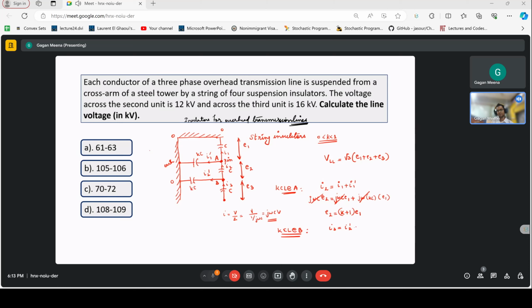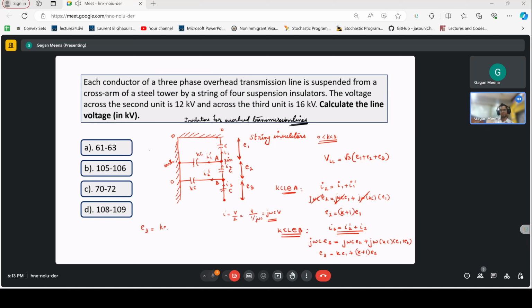So E3 is equal to K E1 plus (K plus 1) E2. So you can also write everything in terms of E1. So this will be K E1 plus (K plus 1) squared E1. So this will be (K squared plus 3K plus 1) times E1. So this is E3. Similarly, if one more is there, then we will write one more KCL.